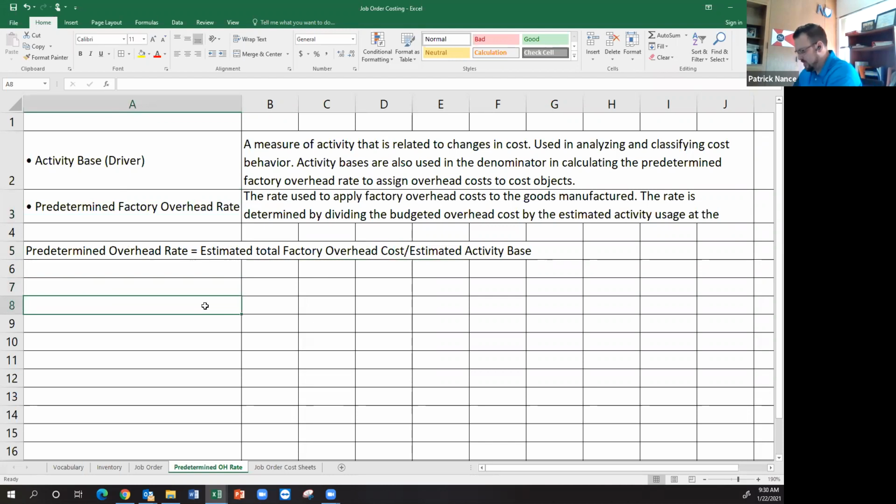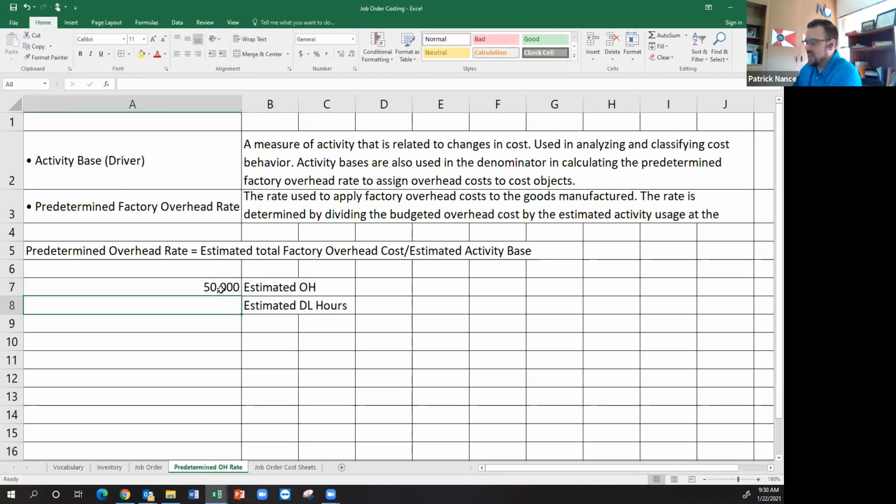So let's say, for example, that I had a manufacturing facility, and I was estimating that I was going to have $50,000 worth of estimated overhead for a given period of time. And I think the most accurate activity driver for this is going to be my direct labor hours.